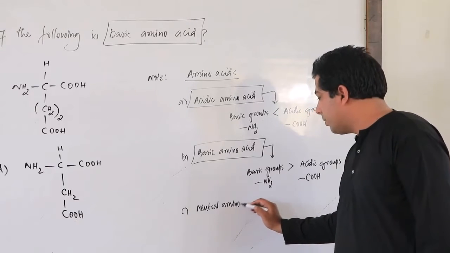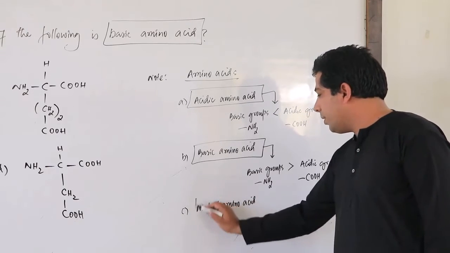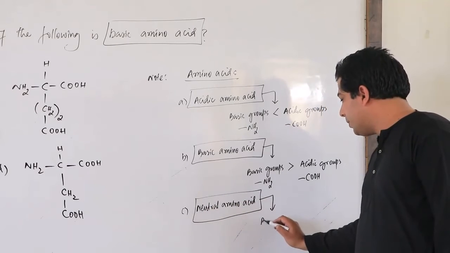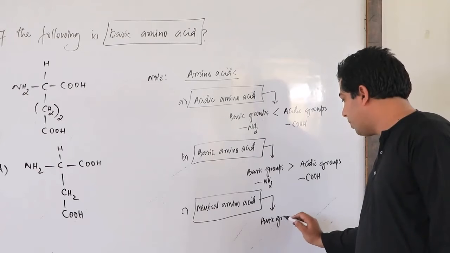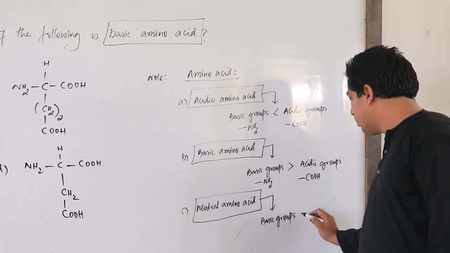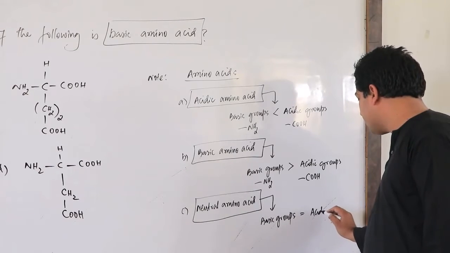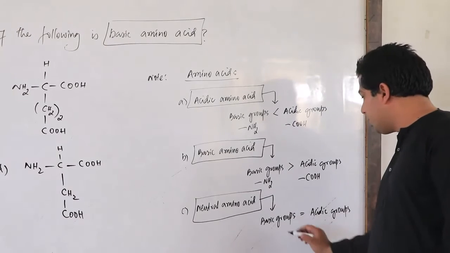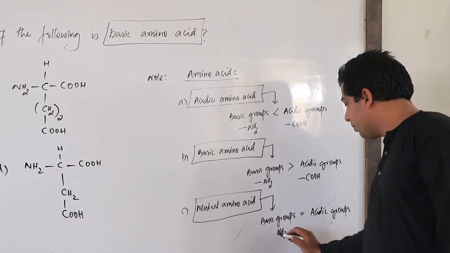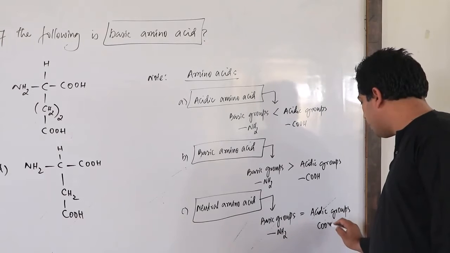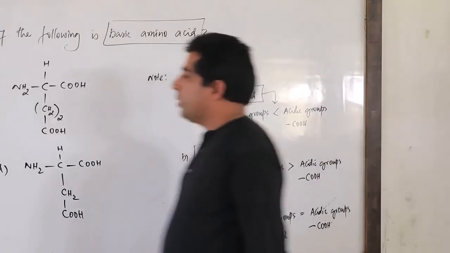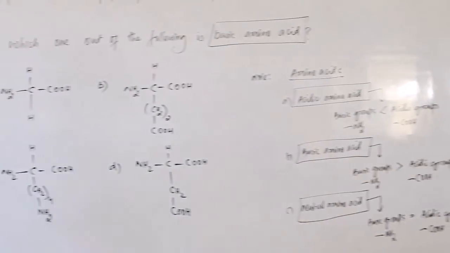In a neutral amino acid, the basic groups will be equal to acidic groups, which means NH2 groups will be equal to COOH groups. Is it visible?